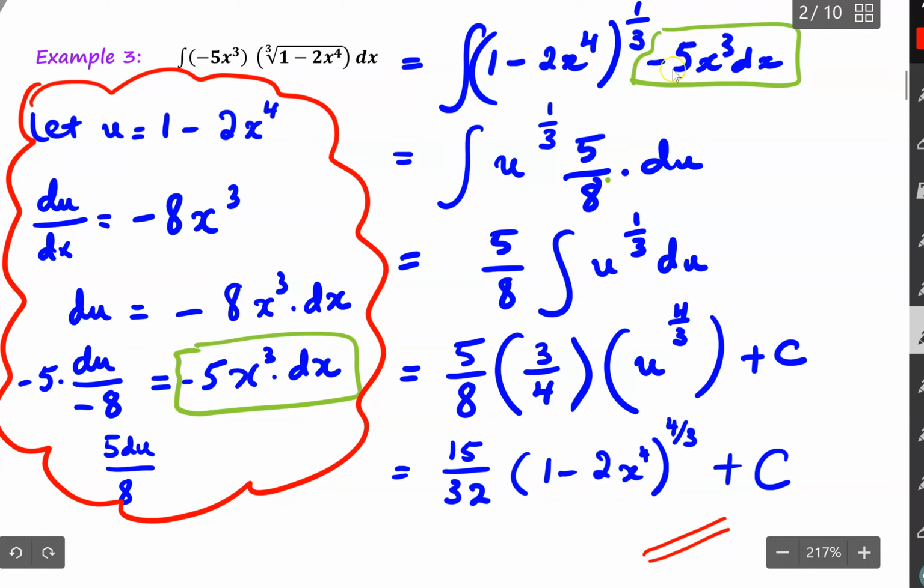Then instead of writing negative 5 times x to the exponent 3 dx, you just simply write the expression in terms of u on the other side, which in this case is 5 times du over 8. Substitute it in here, bring the constant across the integral sign, and then just apply the basic rule for integration for this particular integral.